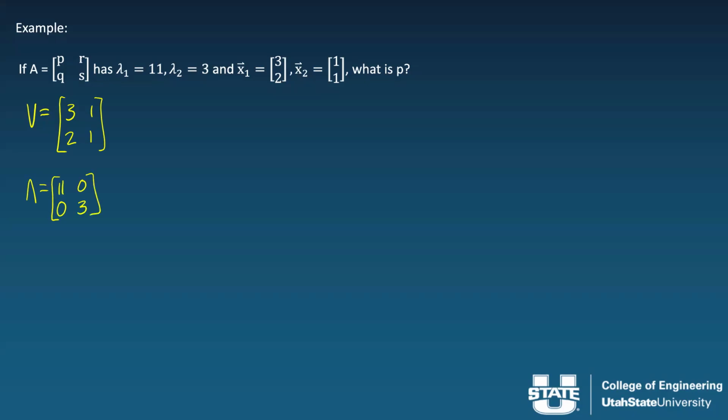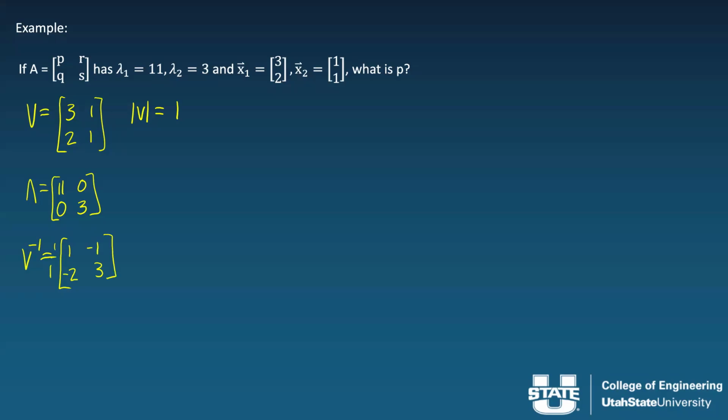And then we can find the inverse of our eigenvector matrix, which thankfully, if we take the determinant of that, we have 3 minus 2, which is just 1, which makes it nice for us. 1 over 1, and then we swap those A and D spots, and then -2, -1.